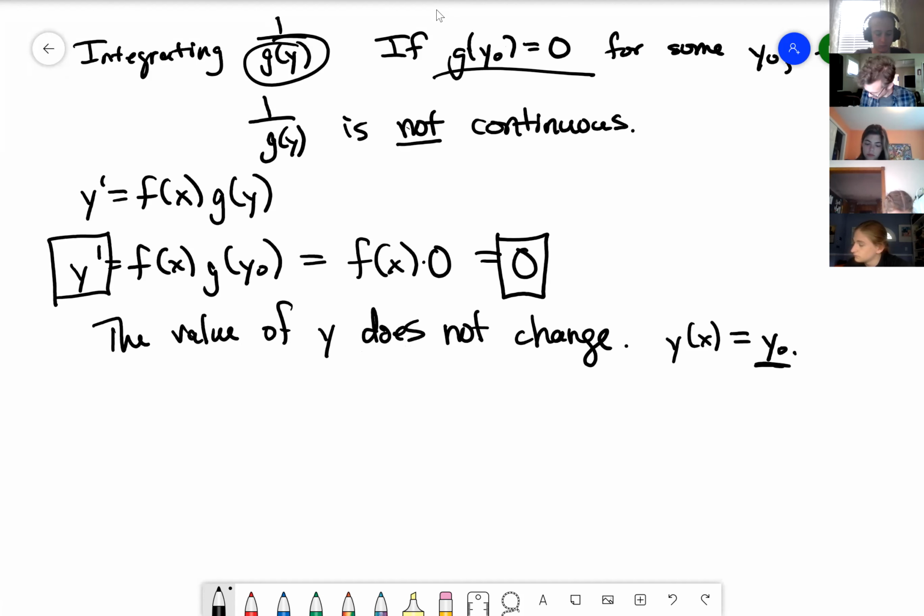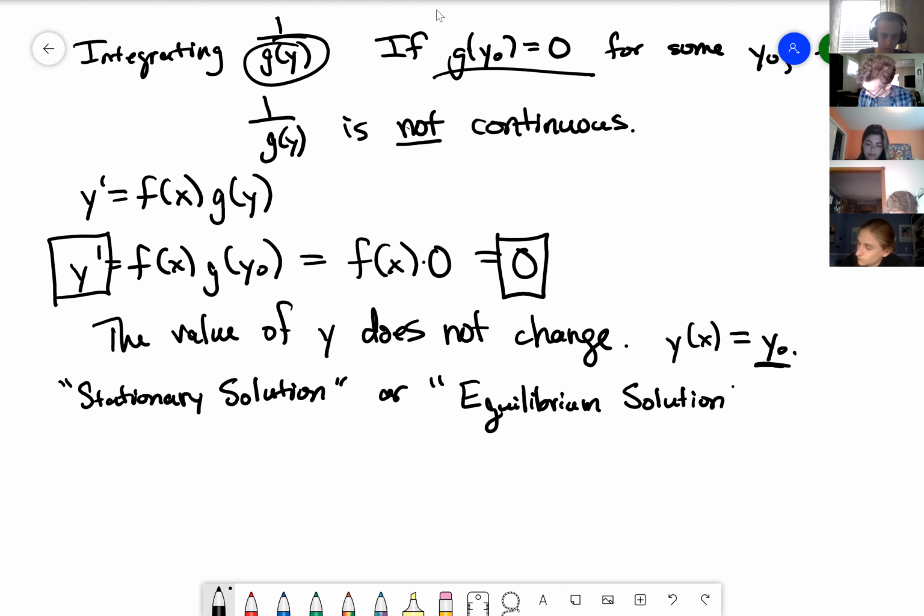And so we call this a stationary solution or an equilibrium solution, for obvious reasons.